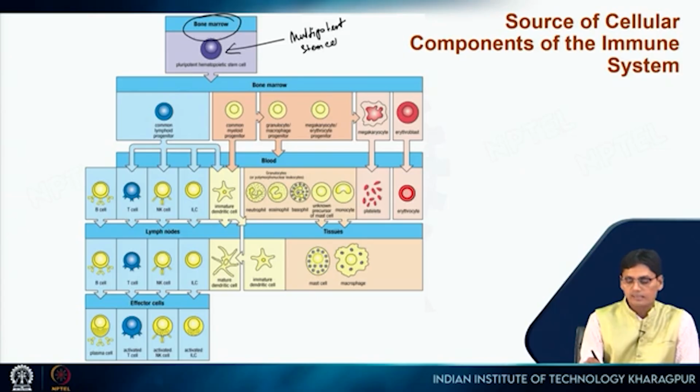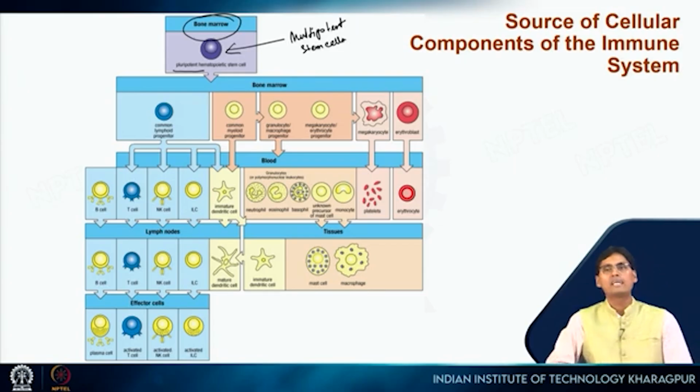Although it is mentioned here as pluripotent, as I mentioned before, pluripotent generally refers to cells which can give rise to all cell types present in our body. So, for example, the zygote or the very early stage of division, those cells have the potential to make anything in our body. So, in the true sense, those are the pluripotent cells.